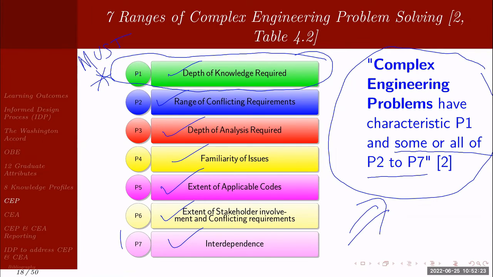If you have, then this is a super duper complex problem. But usually P1 is a must, and you might have 2 to 3 from P2 to P7. So when you are selecting your problem, you should make it complex in this fashion and identify the complexity in this fashion.